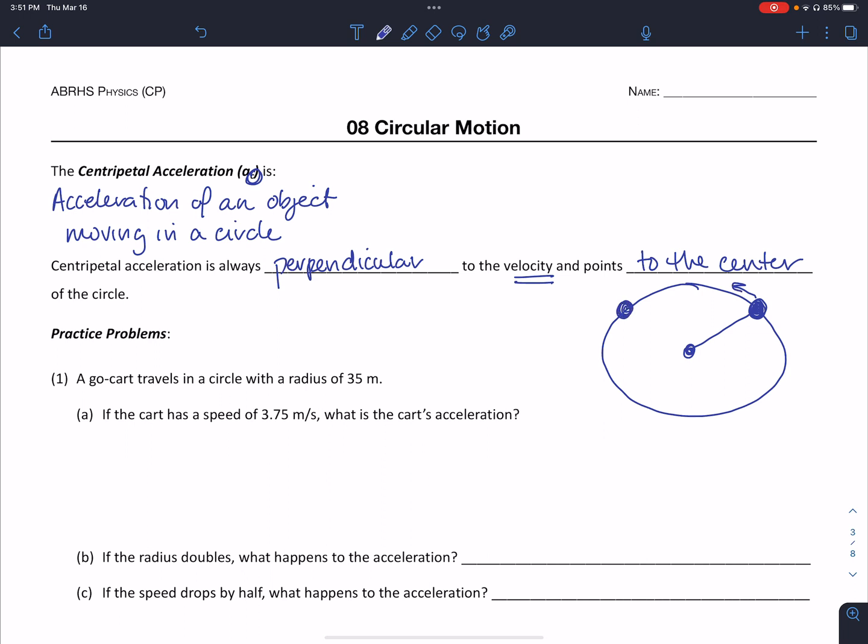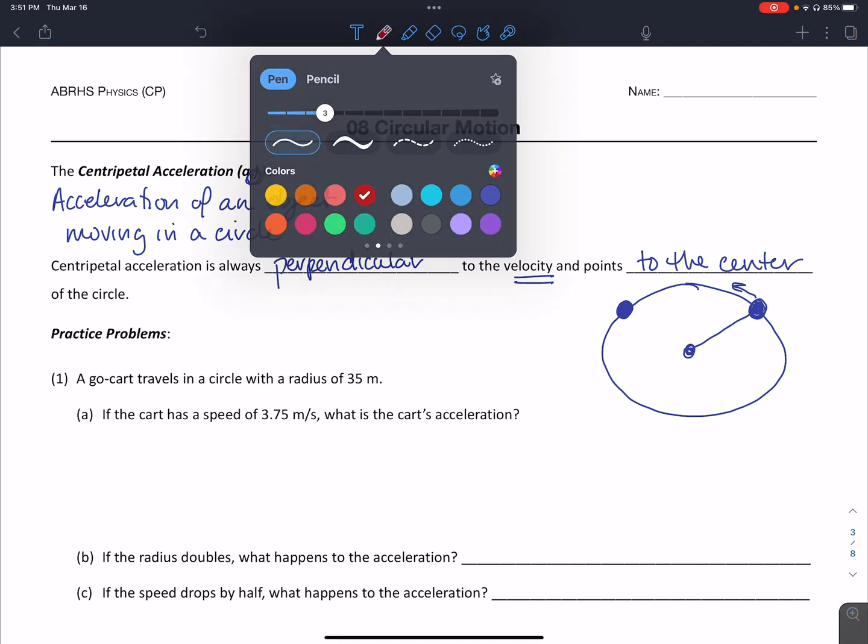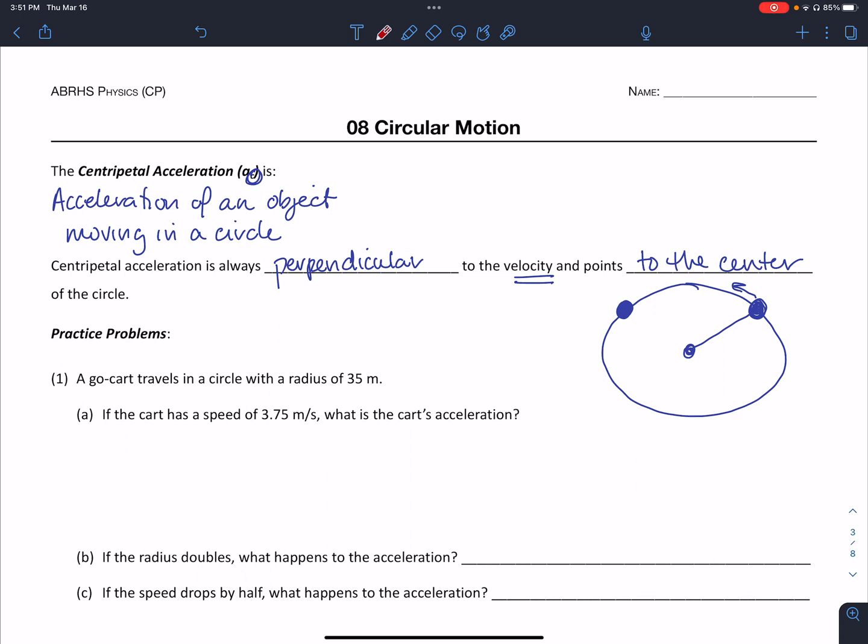So let's put it over here. The velocity of your object is always tangent to the circular path, so it kind of moves like this at any given point on that circle. Now, the centripetal acceleration is always perpendicular to that, so it always points in towards the center of the circle. So we'll have a right angle between these two values at all times when the object is in circular motion.